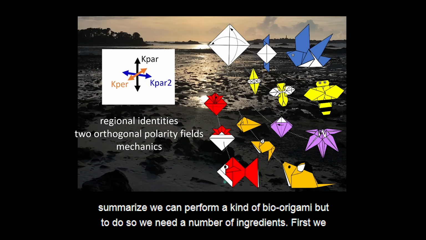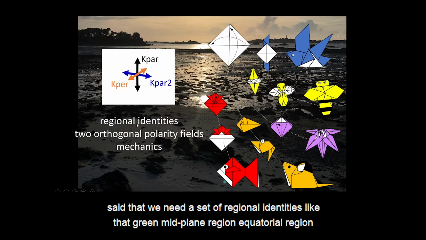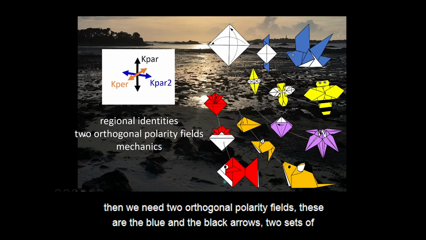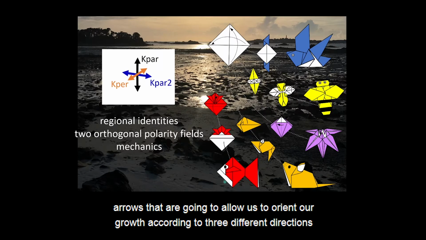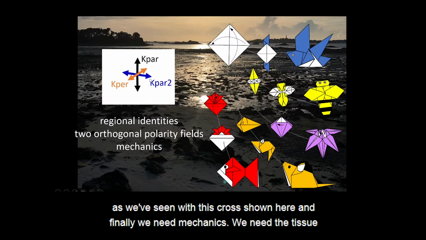So, to summarize, we can perform a kind of bio-origami, but to do so we need a number of ingredients. First, we need a set of regional identities, like that green midplane region, equatorial region. Then we need two orthogonal polarity fields. These are the blue and the black arrows, two sets of arrows that are going to allow us to orient our growth according to three different directions, as we've seen with this cross shown here.